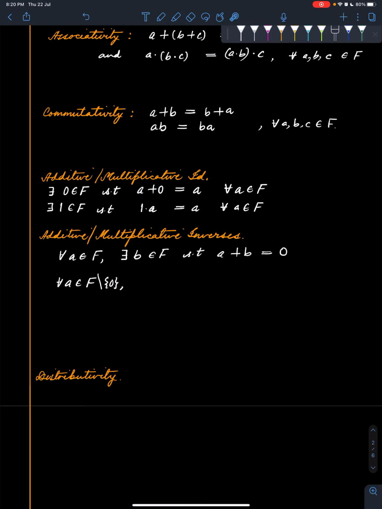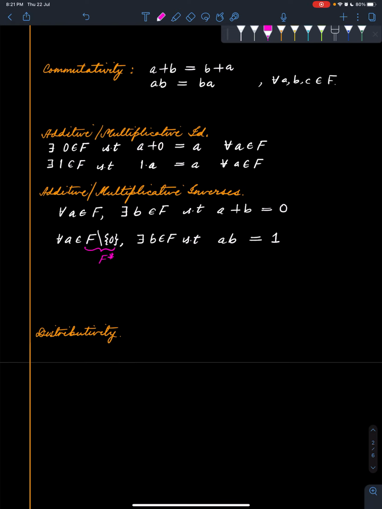So this is also called 0, this is pronounced 0. Okay, and a bit of notation, this we usually denote as F star. So that's that.